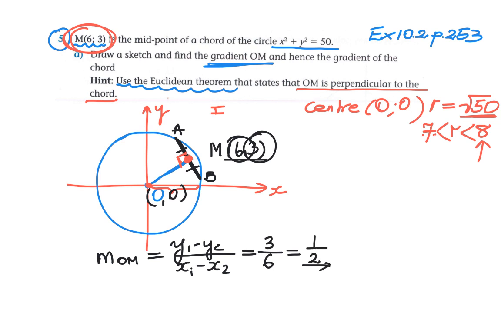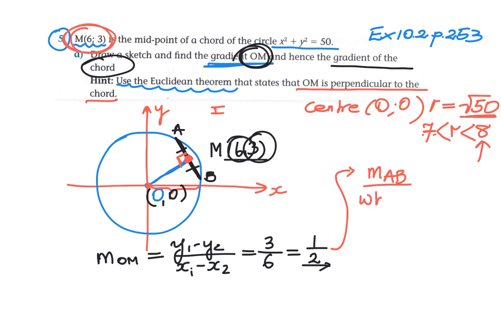Okay, so sketch, find the gradient of OM, and hence the gradient of the chord AB. How can I go from this gradient to the gradient of the chord AB? What do we know about AB? Well, we know that your straight line AB, which is the chord in this example, is perpendicular to the radius.